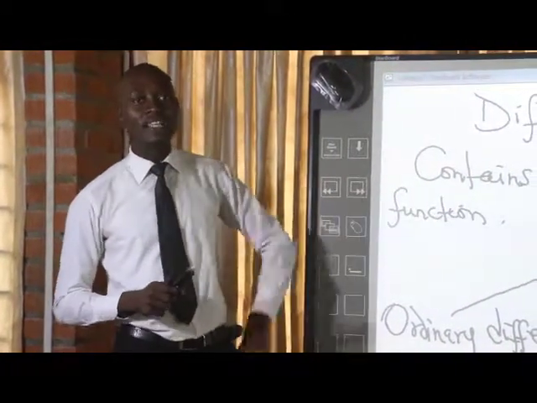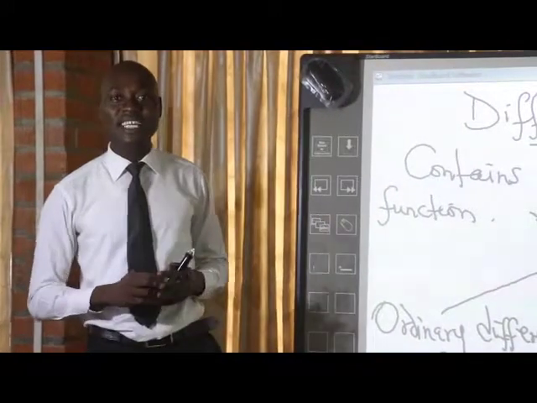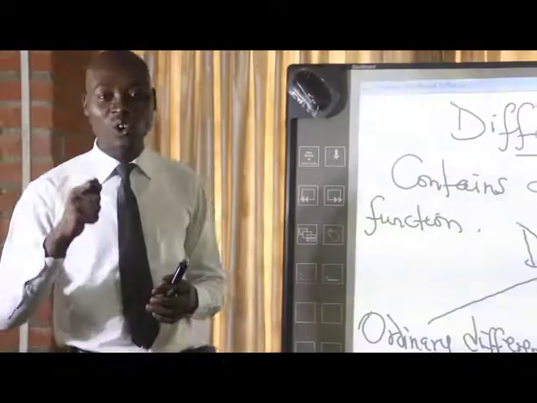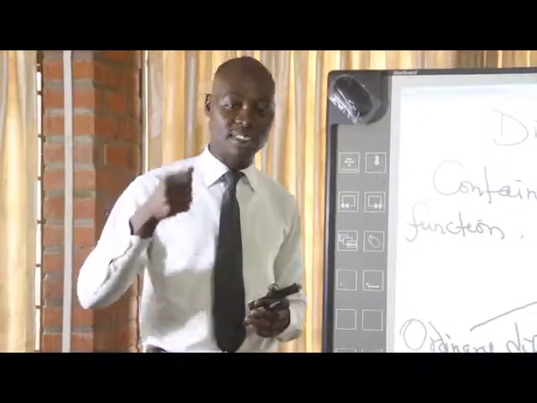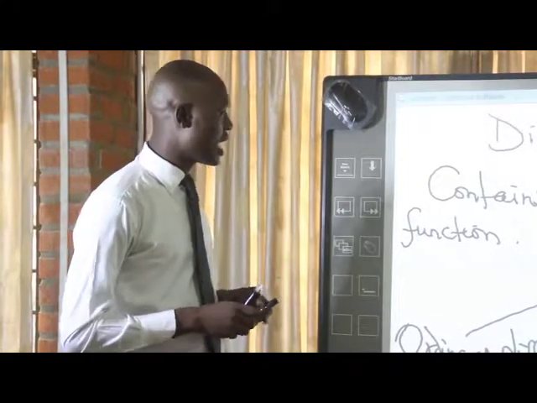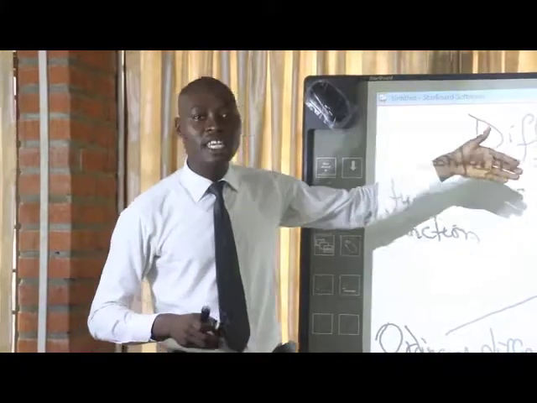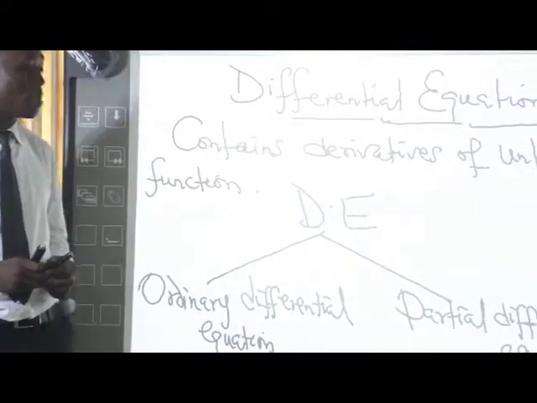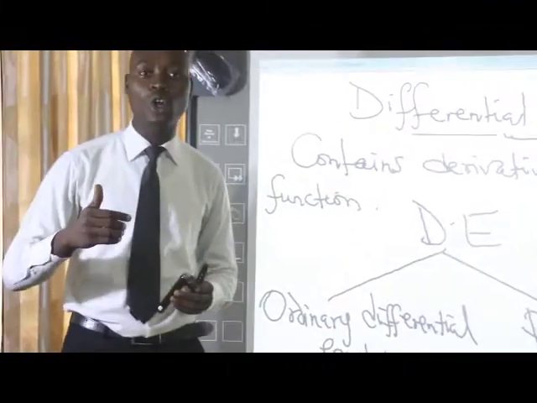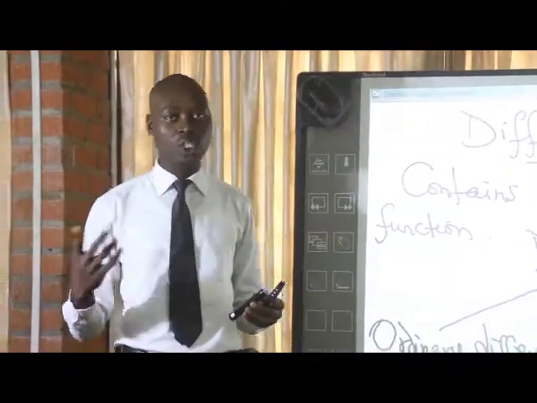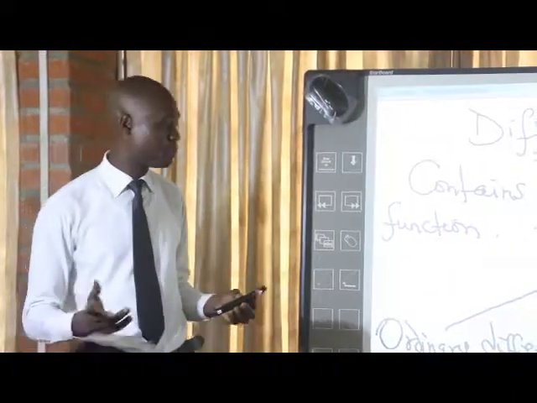While a partial differential equation is a differential equation that contains partial derivatives. In this case, the dependent variable is a function of more than one variable. The variables can be two in number, three or more.